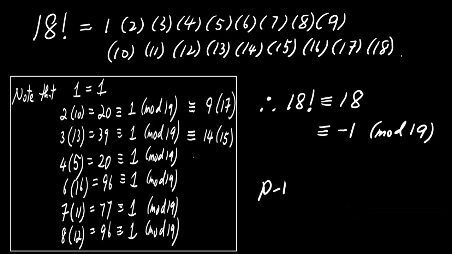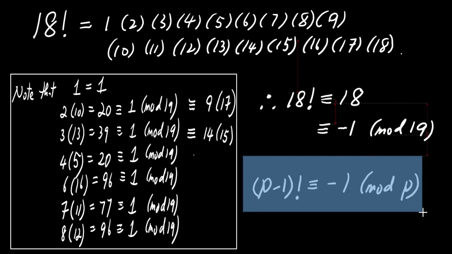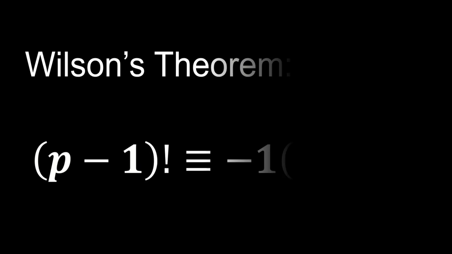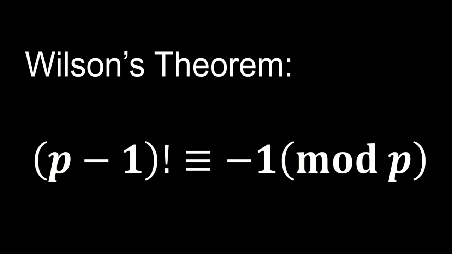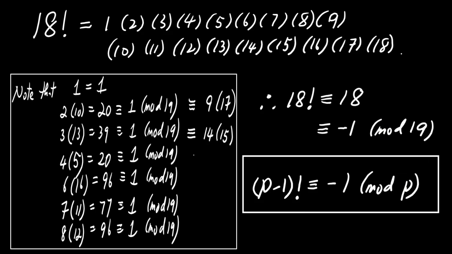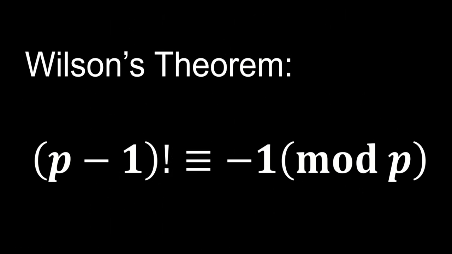It is a special case of Wilson's theorem, which states that for a prime number p, the factorial of p minus 1 is congruent to -1 modulo p. In our case, 19 is prime and 18 is 1 less than 19. So according to Wilson's theorem, 18 factorial is congruent to -1 modulo 19.